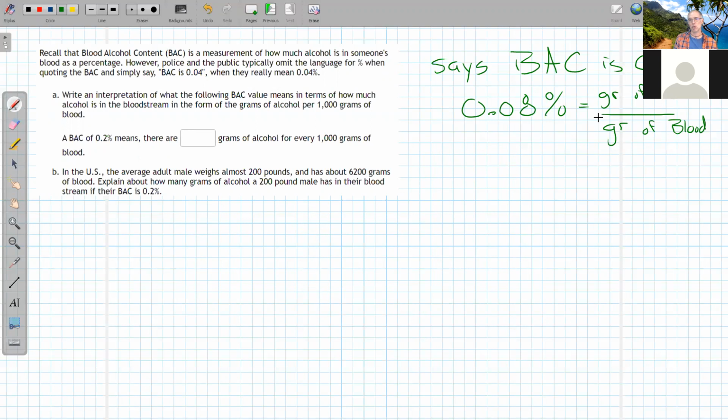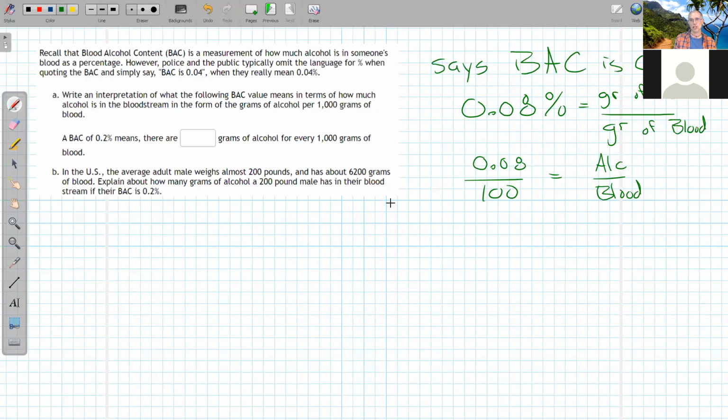So a BAC of 0.08 really means 0.08 out of 100, and again, that is the grams of alcohol versus grams of blood. If somebody asked how much alcohol a person would have per every 100 grams of blood, that's exactly what I have on the screen. Per 100 grams of blood, a person would have 0.08 grams of alcohol.